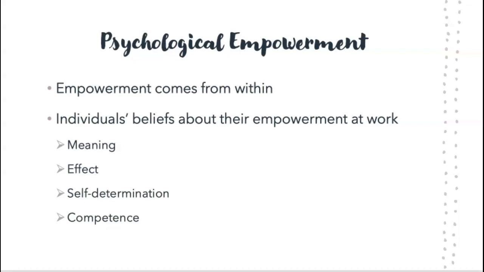So empowerment comes from within, but outside catalysts can spark people's positive beliefs about themselves, such as a good nurse leader. For example, nurse leaders can catalyze nurses' beliefs in themselves, which is psychological empowerment, by providing them with organizational empowerment structures.